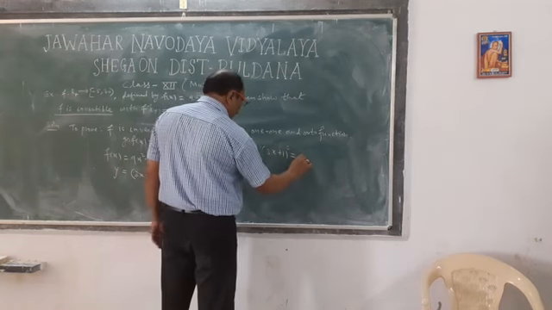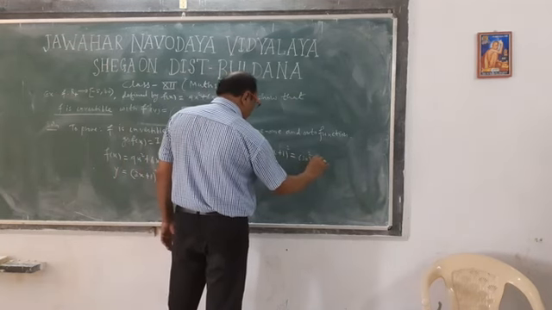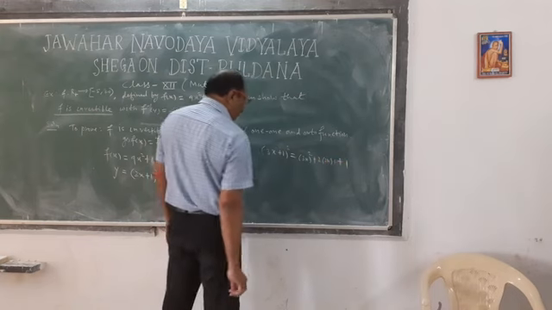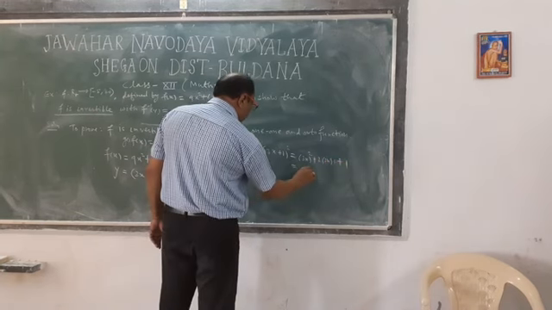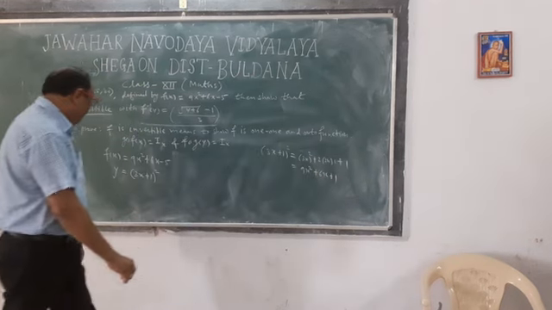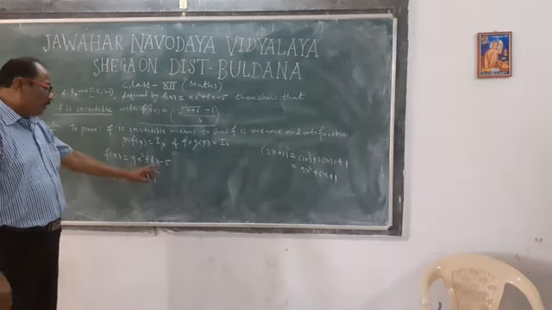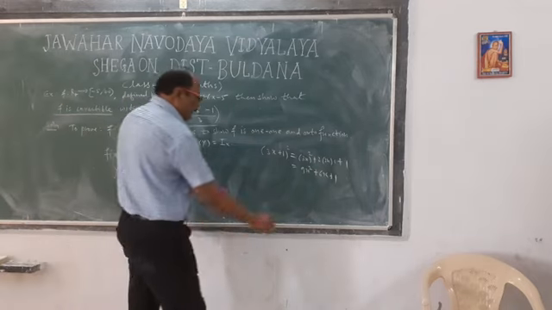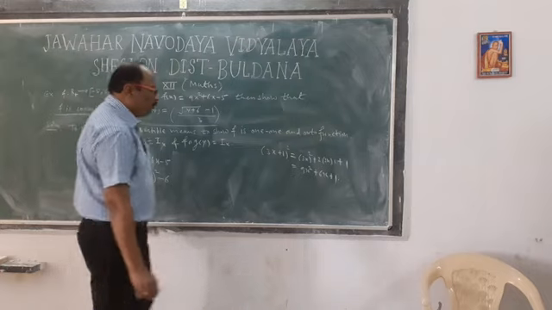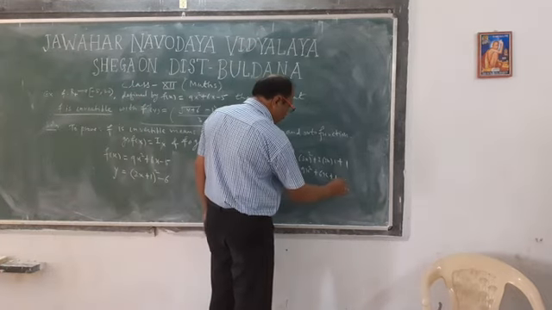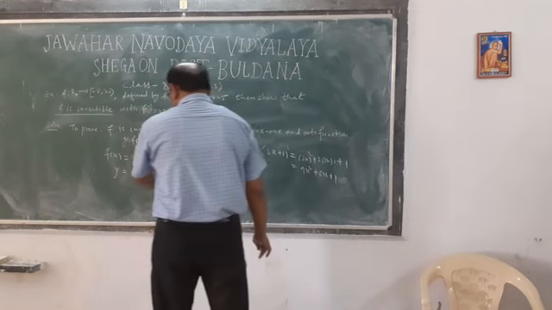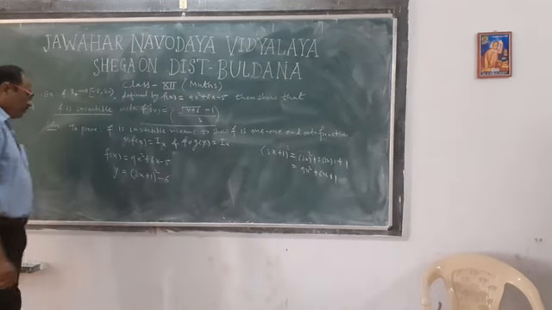It is 3x square plus 2 into 3x into 1 plus 1 square, that is 9x square plus 6x plus 1. Here the 1 means we have to write minus 6. Minus 6 means 1 plus 1 minus 6, which is minus 5.